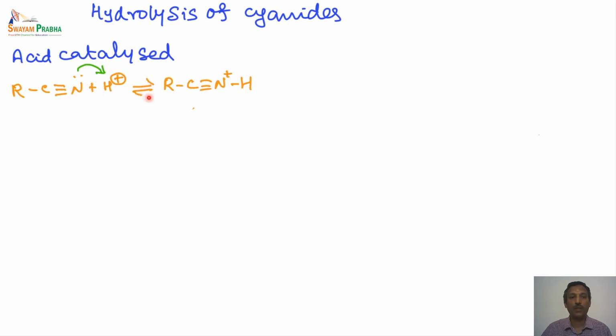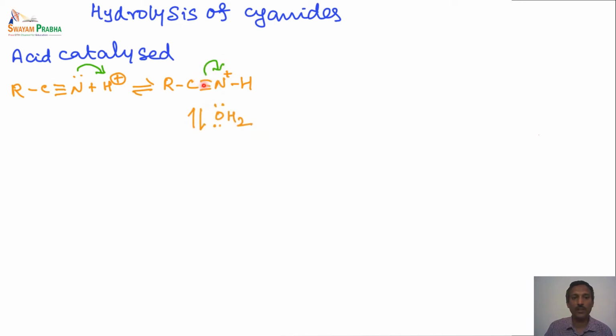This is an equilibrium reaction. Now the nitrogen becomes positively charged. We already know nitrogen is comparatively more electronegative than carbon, so the positive charge cannot remain on the nitrogen for long. This intermediate is quite unstable because there is a positive charge on an electronegative nitrogen, so it cannot exist for long. So this nitrogen now pulls the electrons towards itself.